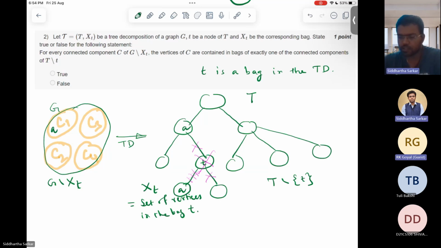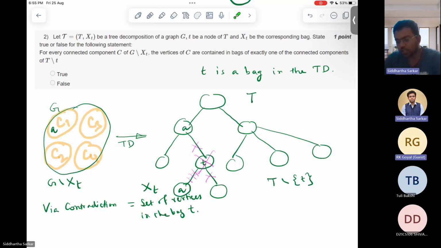So usually the difficulty lies in identifying the mode of attack. For example, here we identified that the best way to approach this problem would be via contradiction. Here we have been able to make an assumption which is to the contrary and then arrive at a contradiction.